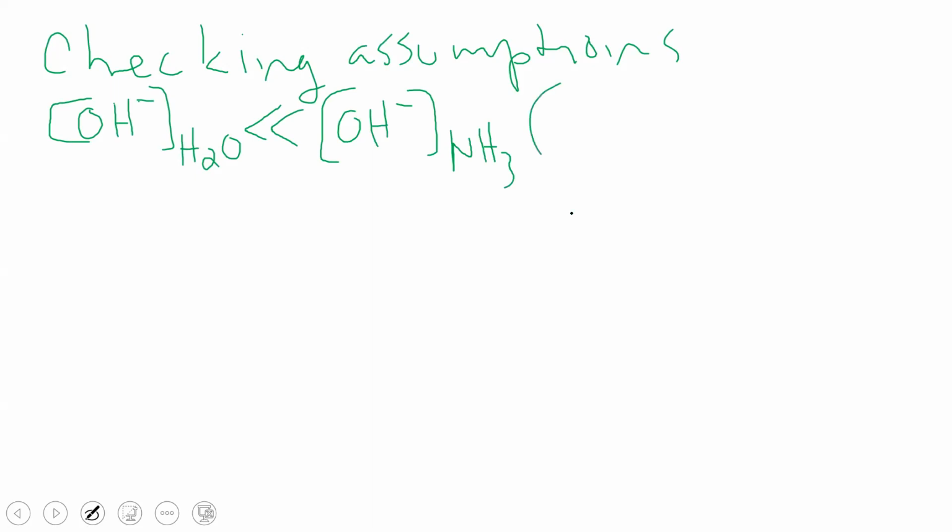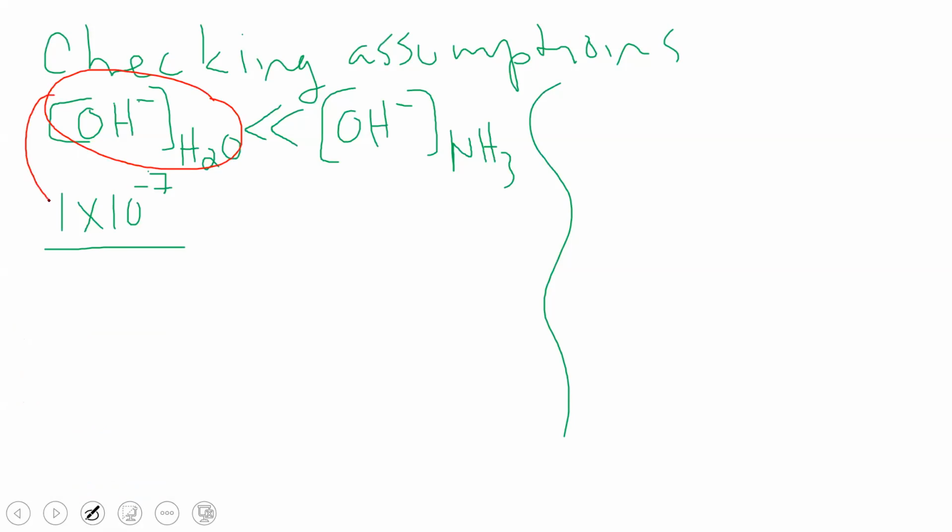And so this assumption says that the concentration of hydroxide from the autoionization of water, which is 1 times 10 to the minus 7, goes there on top in the numerator.